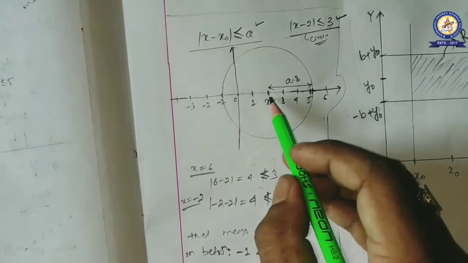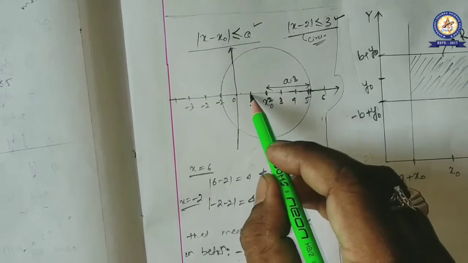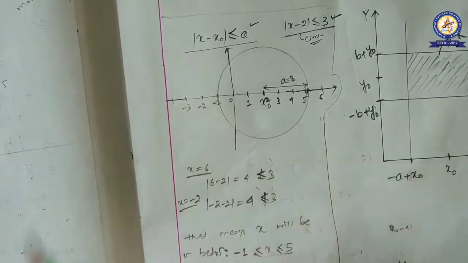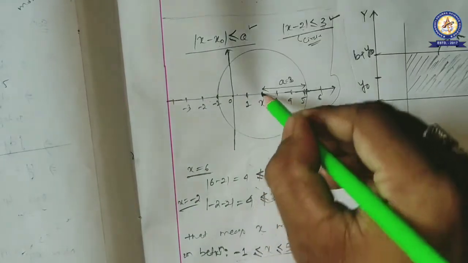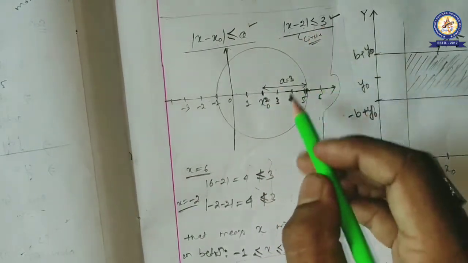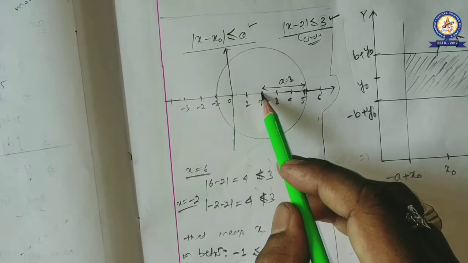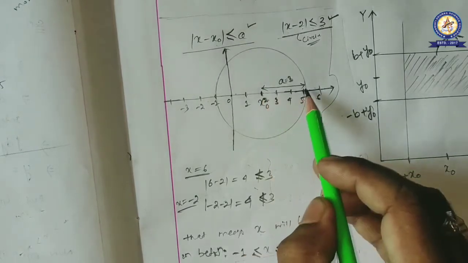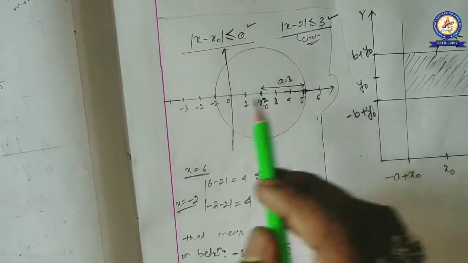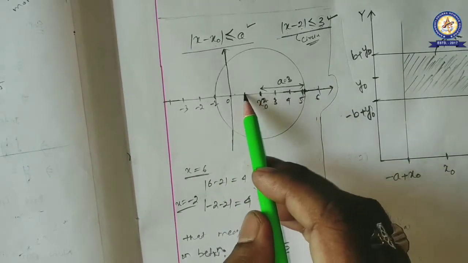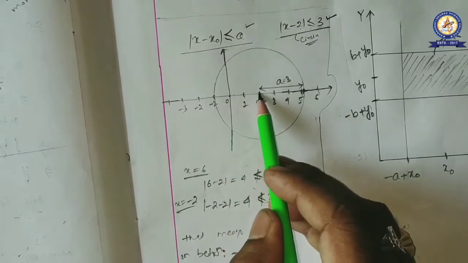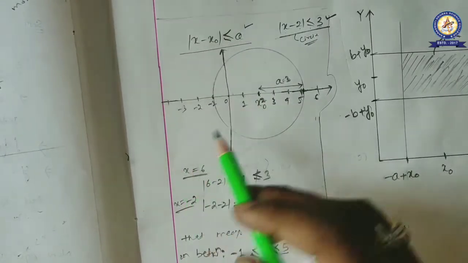As it is a circle whose center is at 2 and radius is 3. So center is at 2, this is 1, 2, 3, 4, 5, 6 and so on, minus 1, minus 2 and so on. Radius is 3, that means from 2 it will extend up to 5, and on the left-hand side it will extend up to minus 1.